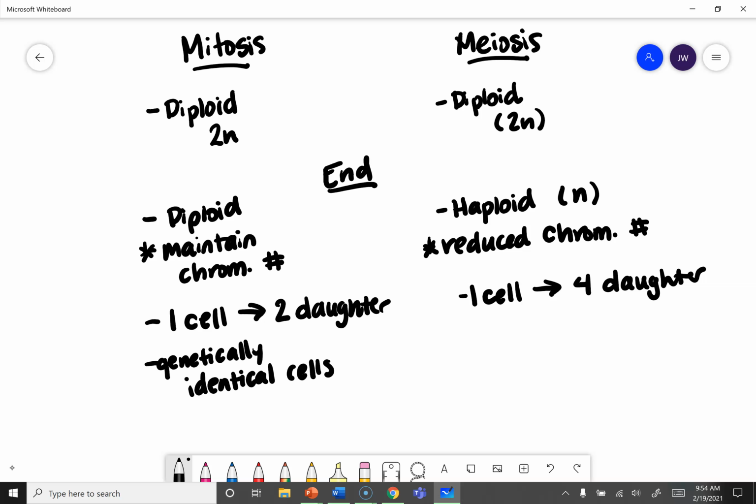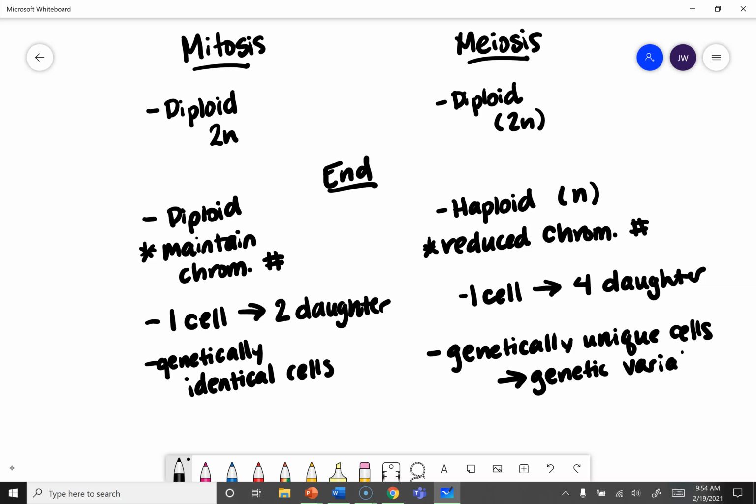All the chromosomes should be exactly the same as they were in the parents. But in meiosis, we produce genetically unique cells. And this is because in sexual reproduction, we introduce genetic variation into a population. So one of the key differences in mitosis and meiosis is this production of genetic variation.